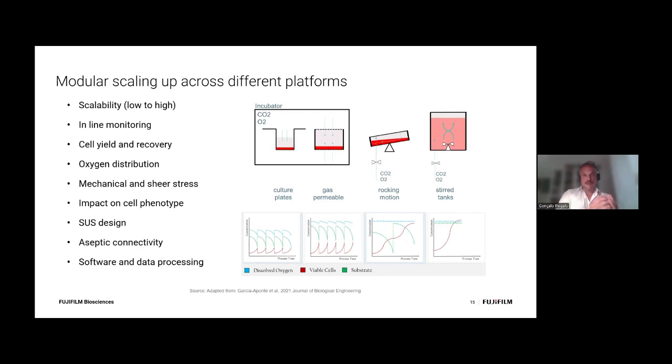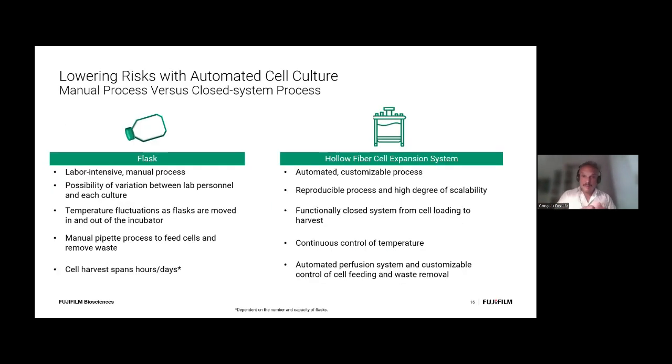So if you do your small-scale manipulations like transformation and activation, and then you inoculate your rocking motion bioreactor in chemically defined conditions, how will this work and impact that biology? Right. So it's really important that these choices are made in a rational way.